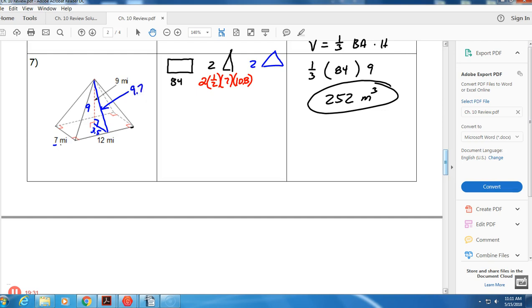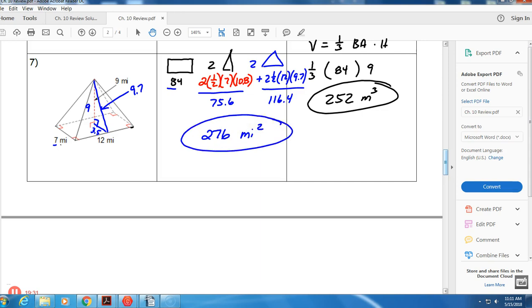And so I'm going to have two more triangles at 1/2 base, which is 12. It's kind of sloppy, but I'm running out of real estate here. So now I have the rectangle, two skinny triangles, two fat triangles. I slap all that stuff together. This was 75.6. I think this was 116.4, for a grand total of 276 square miles. That's a big old triangle.